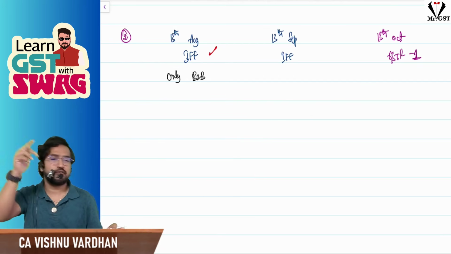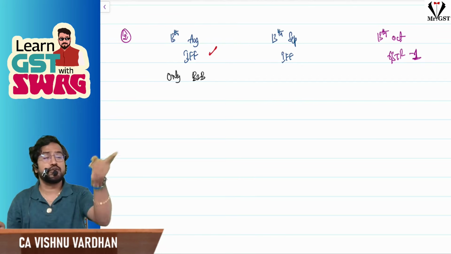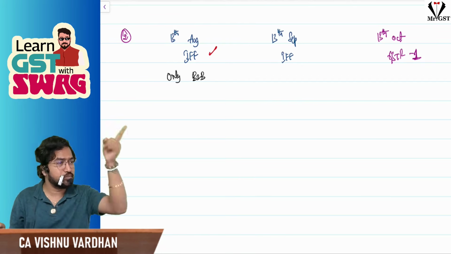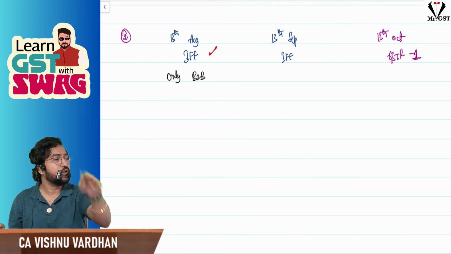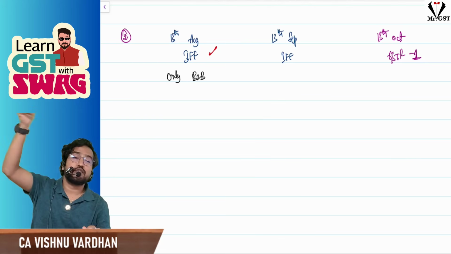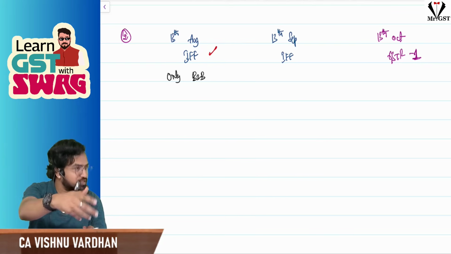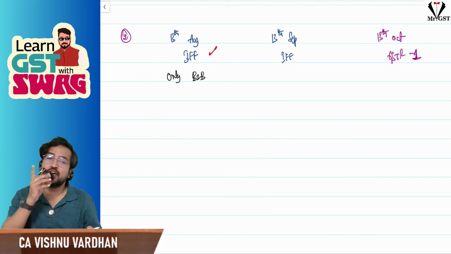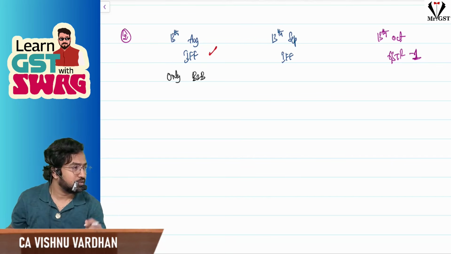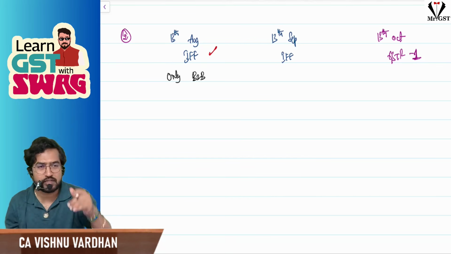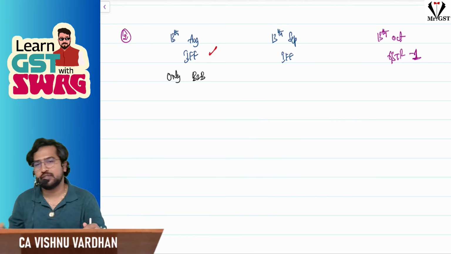Next month again IFF, next month again paying tax, next month again GSTR 1. In GSTR 1 I should give the first month B2C supplies, the second month B2C supplies, the third month B2B and B2C, and any B2B invoices of the first and second month if I have forgotten. All these things I should add and file GSTR 1. After filing that, in GSTR 3B you will get the exact tax liability for that quarter. Whatever you have paid in the first month and second month, minus that and pay the balance amount, all this.